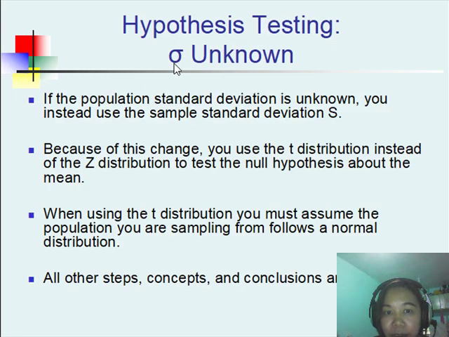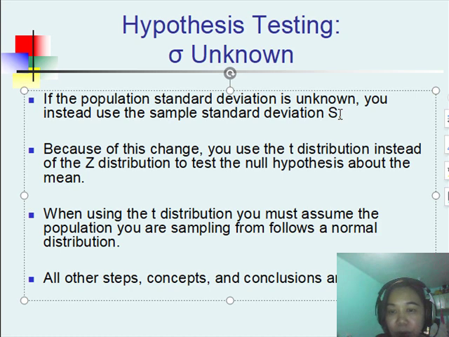So what if the sigma is not known, or if it is unknown? Okay, if the population standard deviation is unknown, you instead use the sample standard deviation s. Most of the books use the small letter for a sample standard deviation.